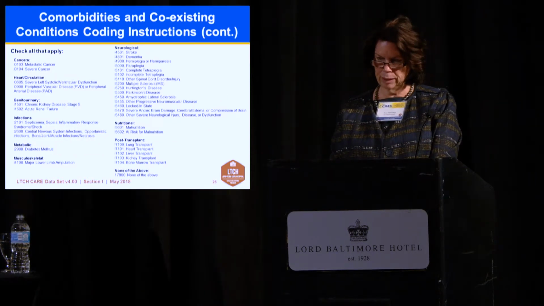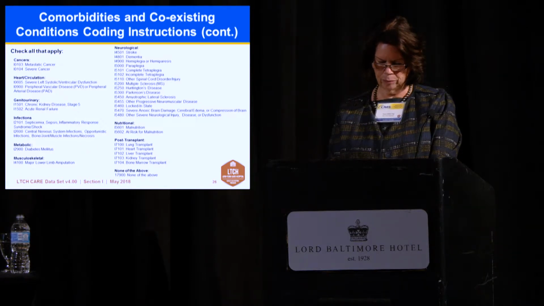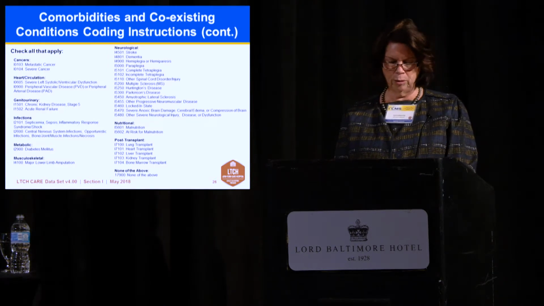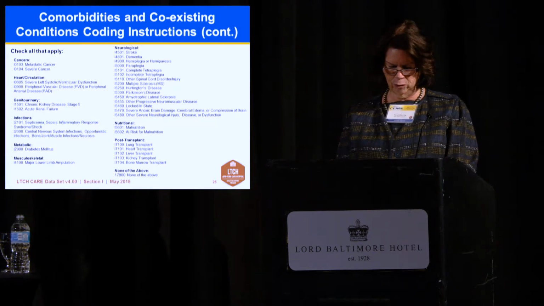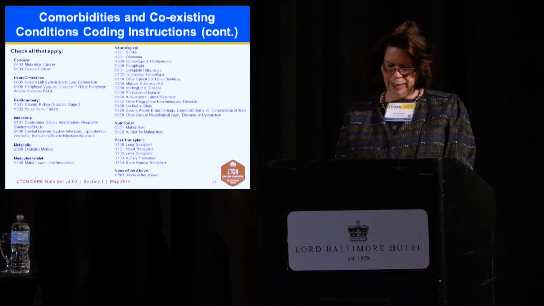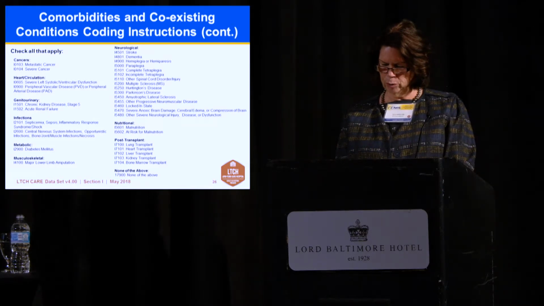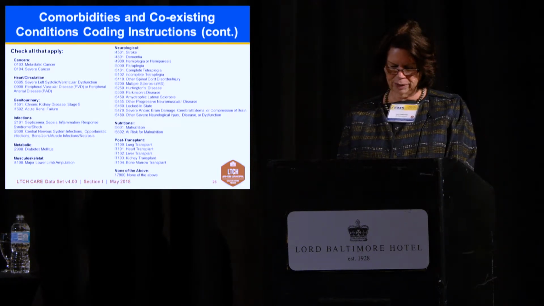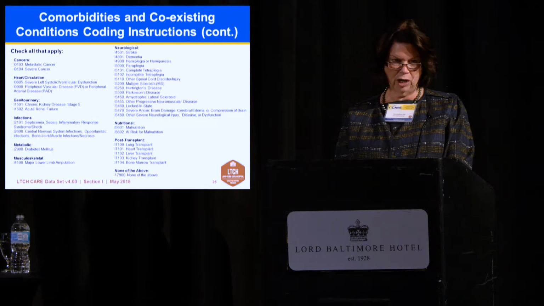This slide summarizes all of the comorbidities and coexisting conditions on the new LTCH CARE Data Set version 4.0. And I'll just go over a few of these. You're going to check I-0101 cancer if the patient has metastatic cancer, such as an acute leukemia, lung cancer, multiple myeloma, and lymphoma. You're going to check I-0605 if the patient has severe left systolic ventricular dysfunction.